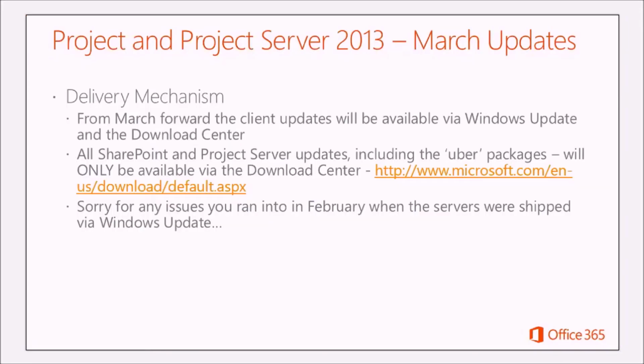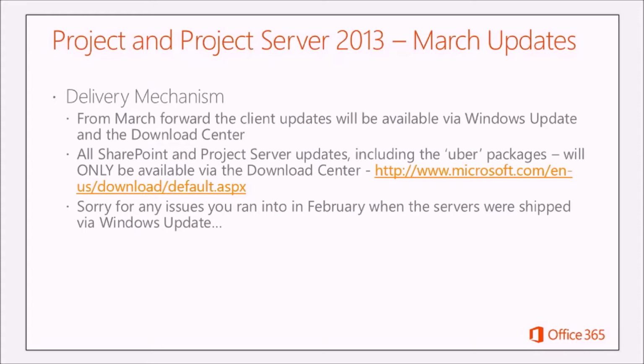All right, so this first slide here just tells us about a slight change in the delivery mechanism. You may have noticed with the February update that it's now a public update, and part of that meant that you would just have that available for you in the download center, Windows Update and so forth. Those updates would be there, and that's really good for some of the client fixes, but we received some immediate feedback that said for the server updates that probably wasn't the best thing.